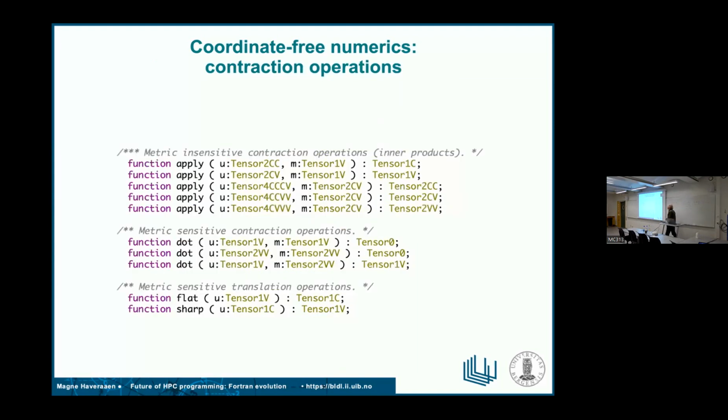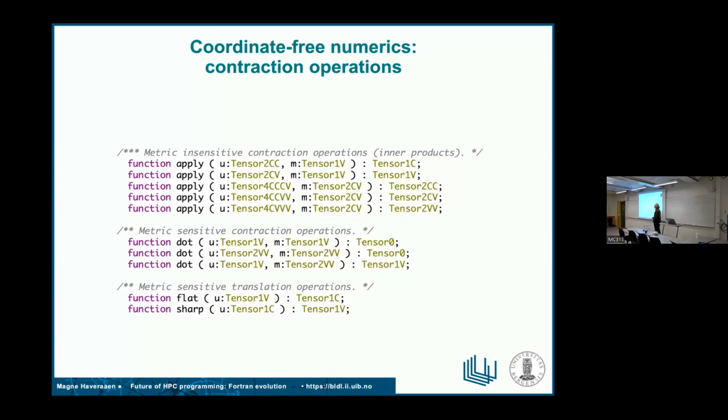Then we need these contraction operations, matrix multiply in many cases, but I need to be careful about how I apply a 2C tensor to a 1V tensor, a 2CV tensor to a 1V tensor, and then this 1C is consumed by the V, and I reduce the number of dimensions. And here are various versions of Cs and Vs with dyadic tensors.